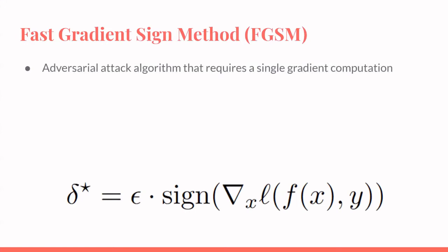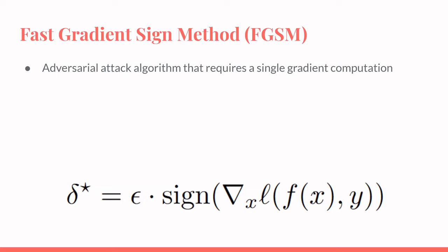To start off, we'll provide a brief description of the fast gradient sign method. This is an adversarial attack algorithm that requires a single gradient computation. Its procedure is visualized below, where we start off with an input example X and its ground truth label Y. The loss between the example's prediction and the ground truth is computed, and then we compute the gradient of the loss with respect to the input itself.